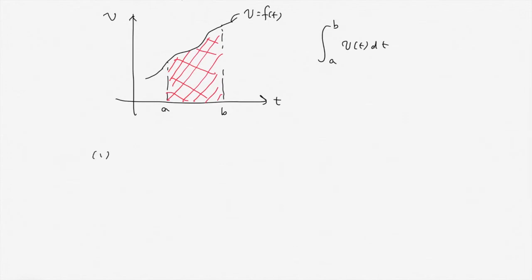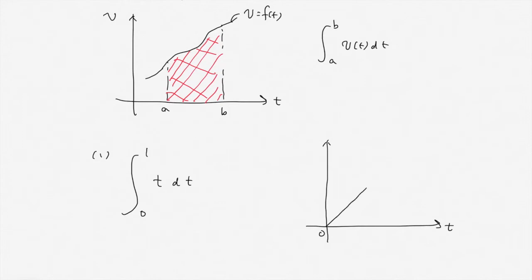The first one is the definite integral from 0 to 1 of t dt. To find this, we need to find the area. The function is b equal t, between 0 and 1.